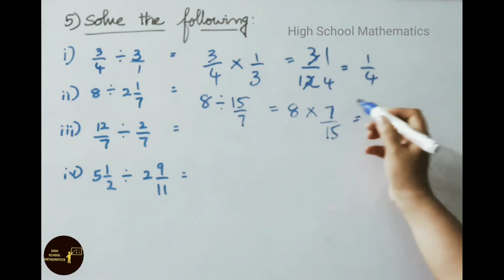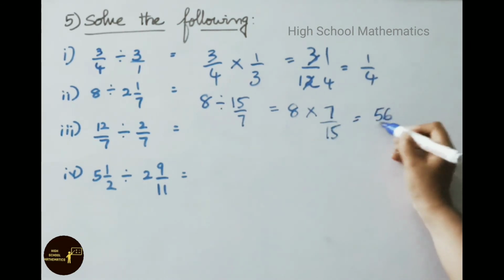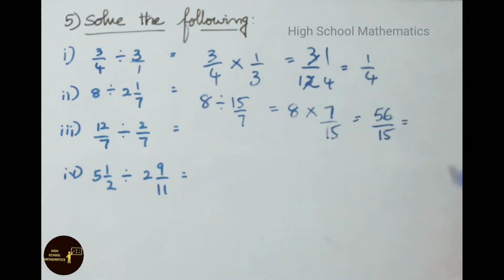That equals to multiply numerators, 8 sevens are 56. Denominator is 15. This is an improper fraction. This can be converted into a mixed fraction by doing division. 15 threes are 45. 56 minus 45 is 11. So the answer is 3 11 by 15.